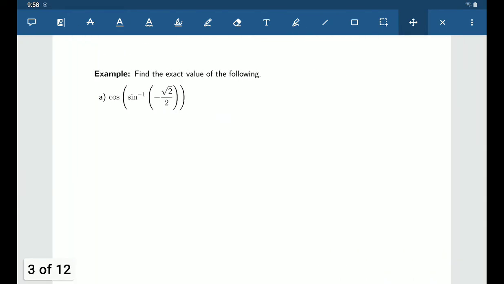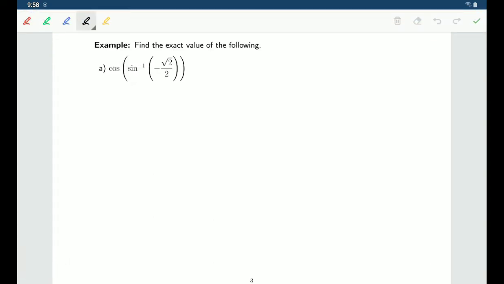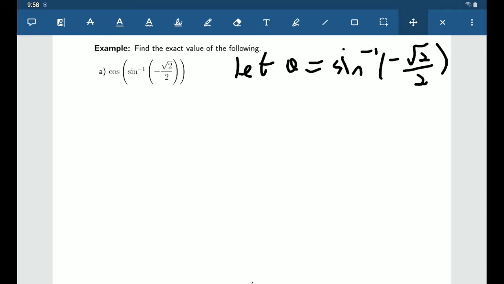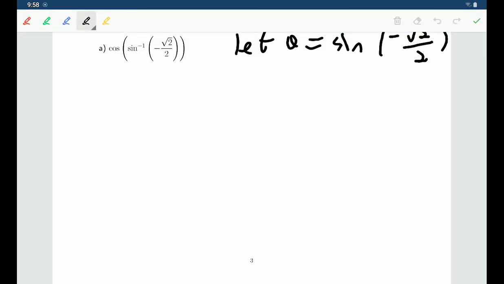First one we have here, cosine of sine inverse of negative root 2 over 2. So I'll start off by letting theta be sine inverse of negative root 2 over 2. A couple of things just to remind myself. Number one, for the restricted domain for our sine function, we had restricted it to quadrants 1 and 4, between negative pi over 2 and pi over 2.